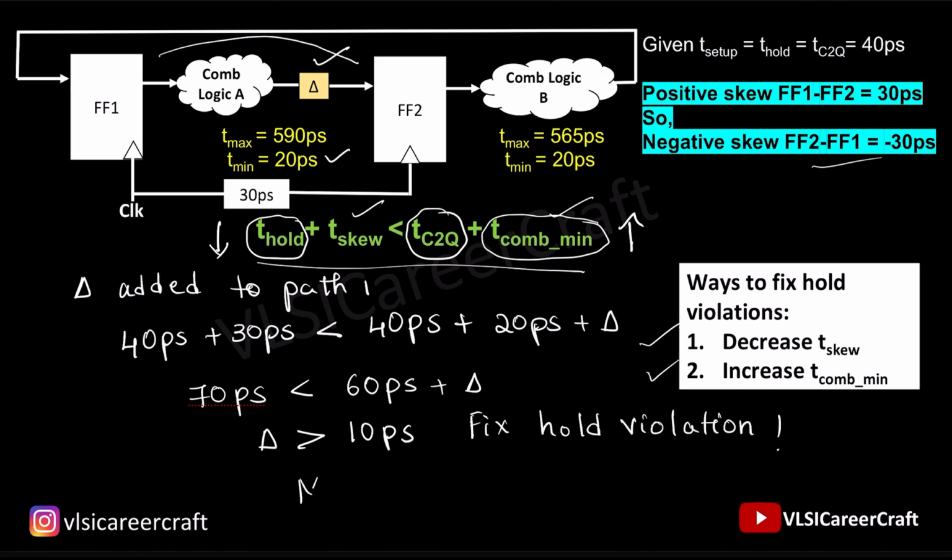So the minimum delay that can be added to path 1 is equal to 10 picosecond. It can be more, but the minimum delay that needs to be added is 10 picosecond. So that solves part 2 of the question. So in this question, we have understood how to check the hold violation and how to fix it.